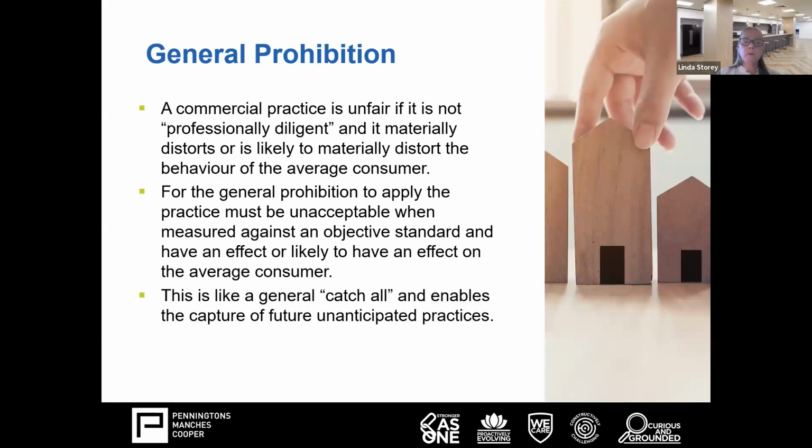Now, if we remember, there were these 4 prongs, and one of the prongs was this general prohibition, this general duty of being fair. And this general prohibition, the idea is that it will be able to shift over time. And the idea of this is that it's judged against the standards.